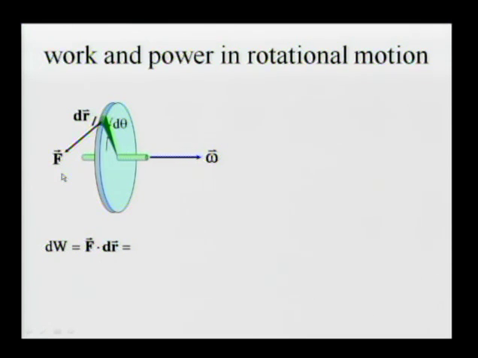And I mark this angle because all particles will have the same value for that angle if it is a rigid body. So I will introduce this vector d theta, which is in the direction along the axis. It's a kind of artificial way of describing the angle, but it automatically says the orientation of the angle. Then this displacement vector will be vector d theta multiplied by the position of the point where the force is applied about that axis of rotation.